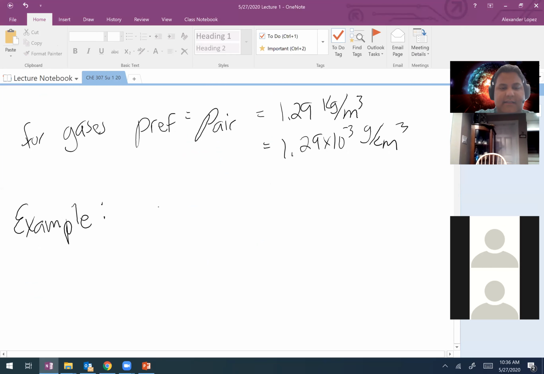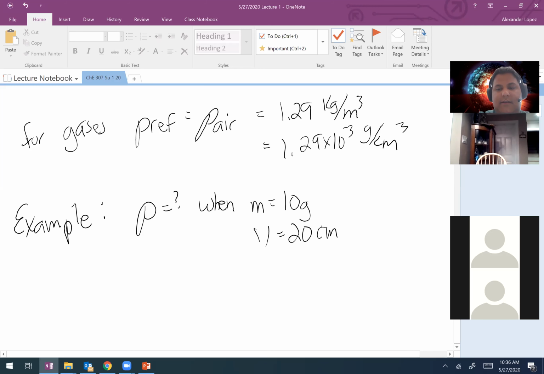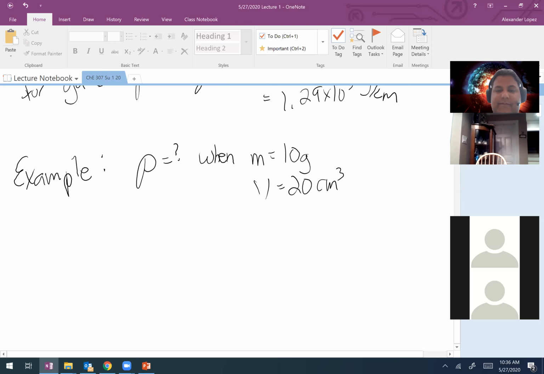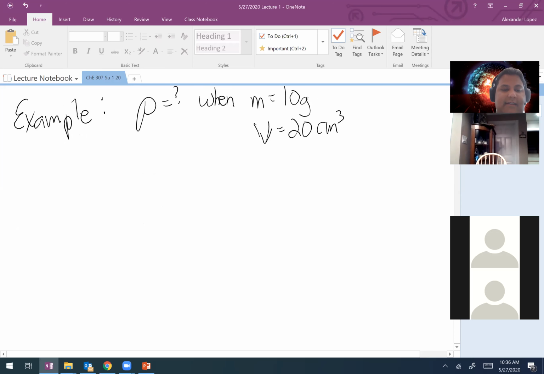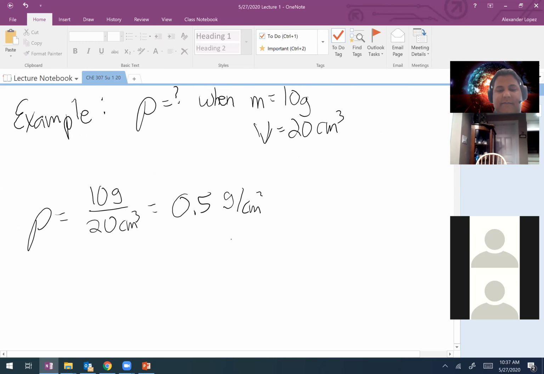And so, the density is what? When the mass is 10 grams and the volume is 20 cubic centimeters. And that quick math just indicates it's about 0.5 grams per cubic centimeter.